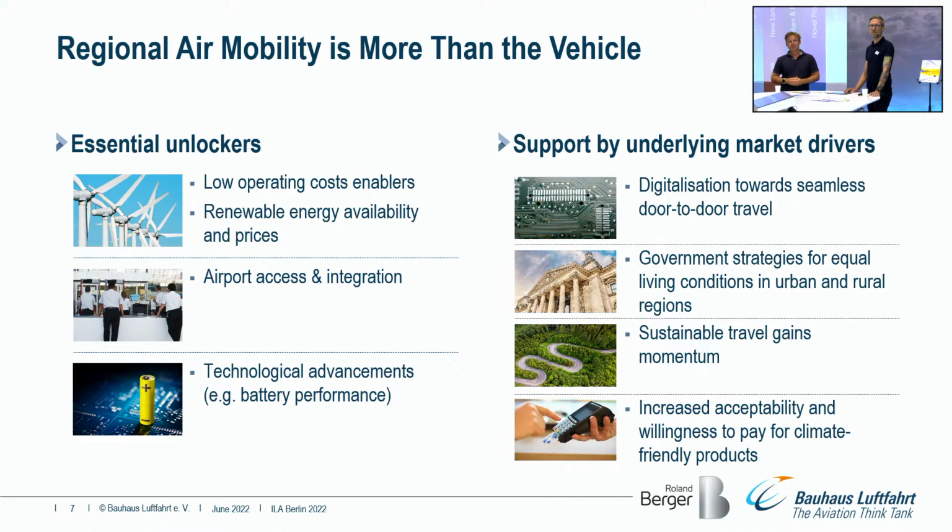And the last one, and that's also quite an important one, is that people are more willing to pay for sustainable products. So if you really make the case that regional air mobility is more sustainable compared to an internal combustion engine vehicle, then most likely, and especially the new generation, will be willing to pay a premium for that type of transport.